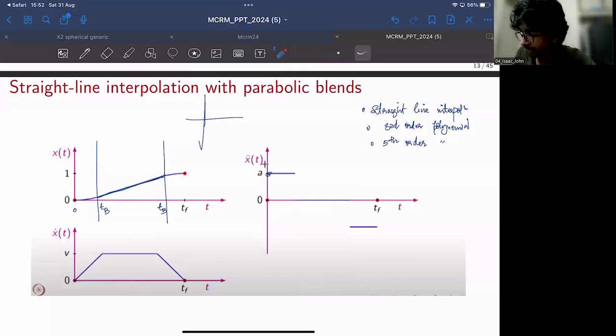The bottom line is that if you give constraints, maybe initial position and final position, through a straight line interpolation within a finite step, as a consequence it will lead to infinite acceleration.